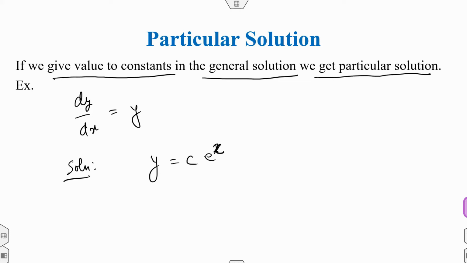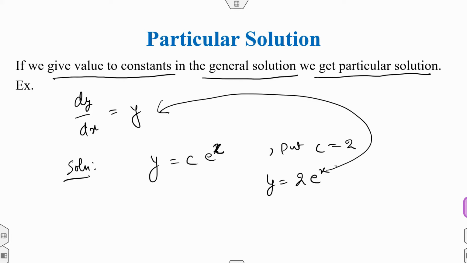Now if I give a value to this constant, like if I put c equal to 2, then we will get a solution like this. So giving a particular value to the arbitrary constant gives you the particular solution. Again you can see that it will satisfy the differential equation.